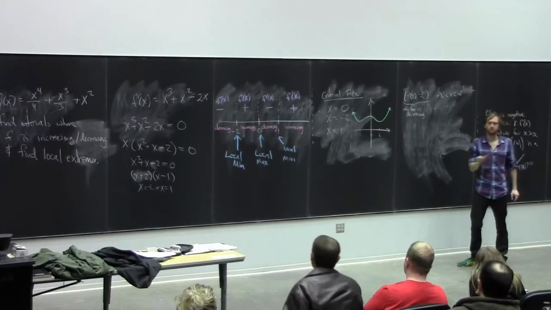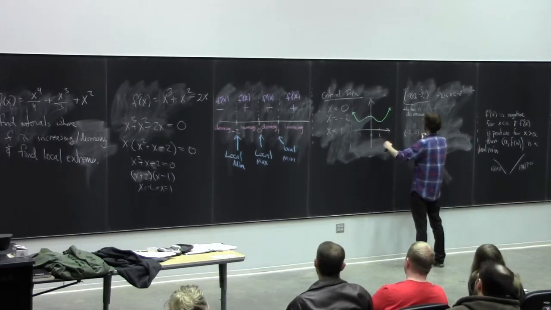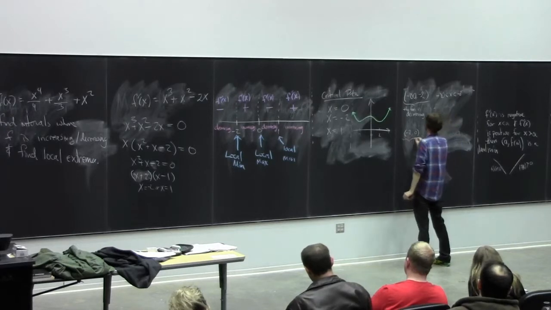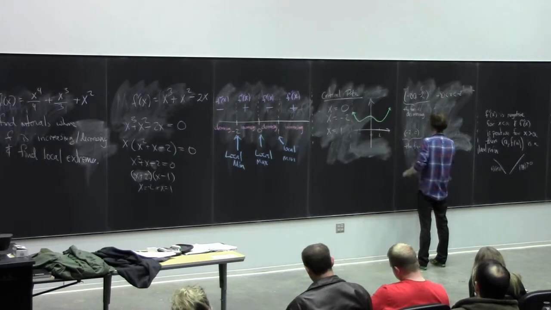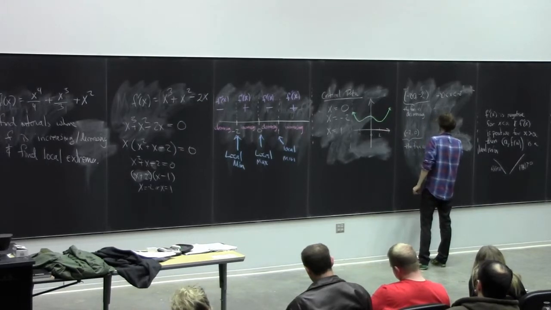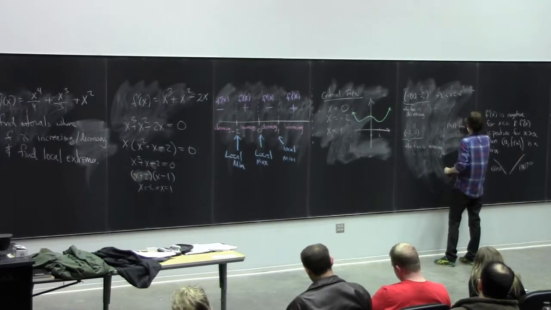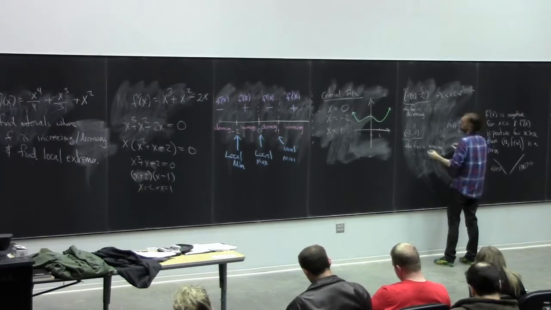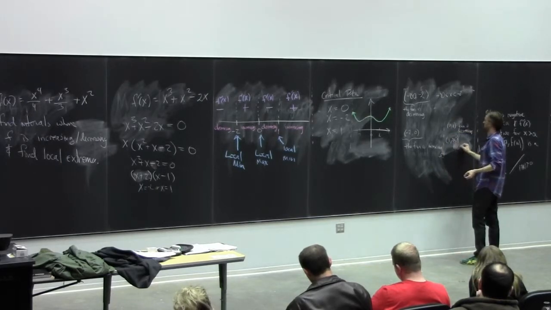All right? -2, 0, the function is increasing. Zero, 1, the function is decreasing. And 1 to infinity, the function is increasing.